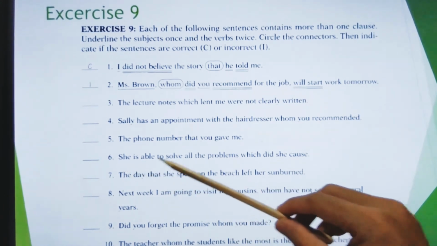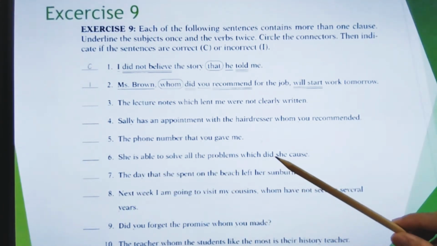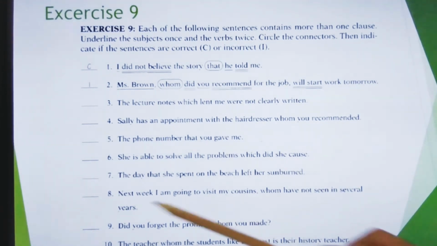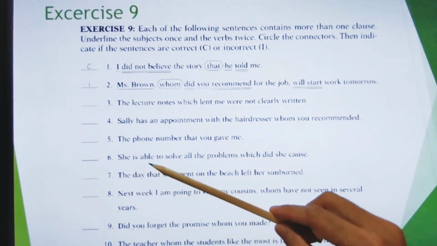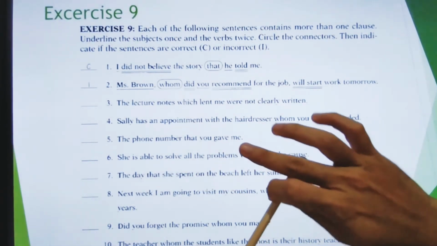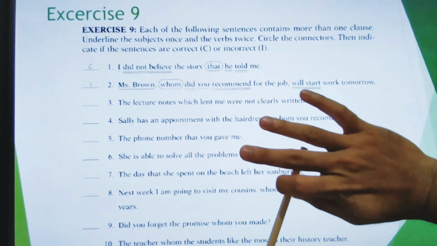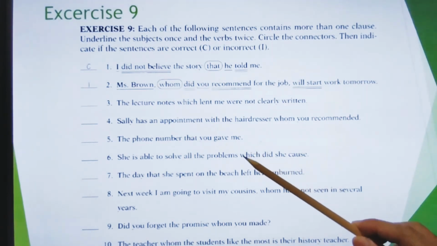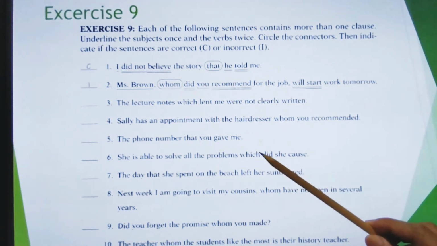She is able to solve all the problems which did she cause. So, is it correct or incorrect? Okay, she is able to solve the problems. If we just omit this, the sentence still makes sense. The sentence is good, but the question is, is it correct? Which connectors are followed with what? It's supposed to be followed with a dependent subject.